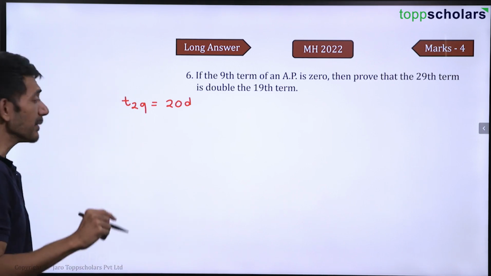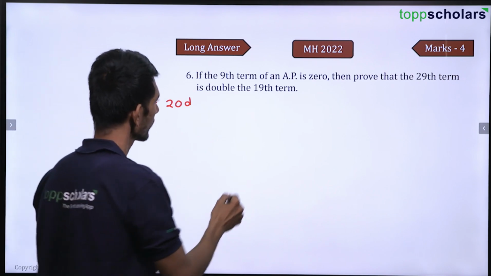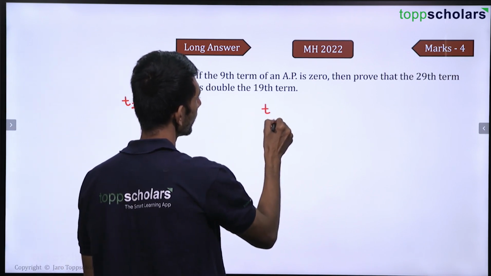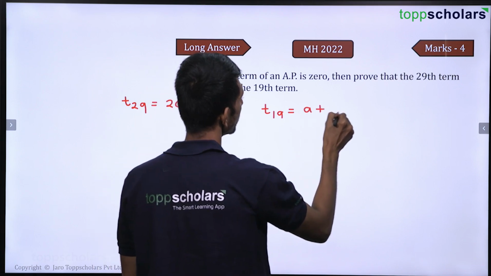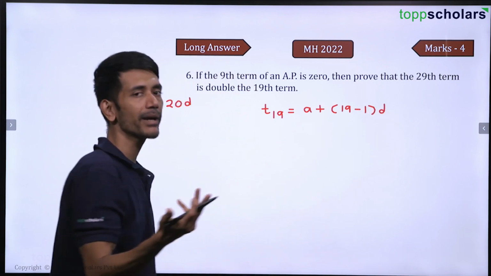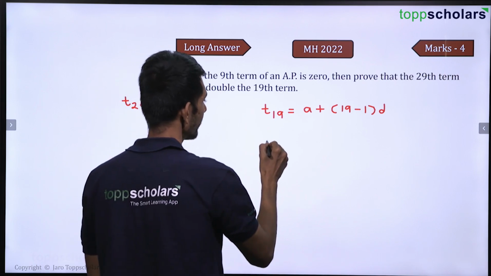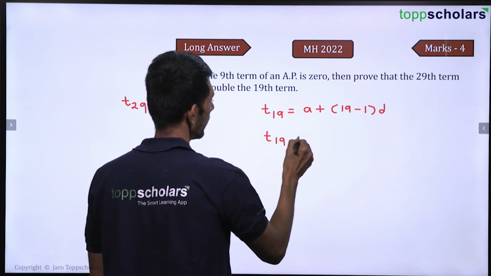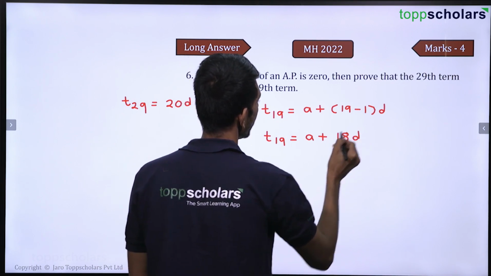Right? Now let me focus on T19. What will be T19? Can I do it directly? T19 will be A plus 19 minus 1 into D, because A plus n minus 1 into D, we are putting n as 19. So can I say T19 is equal to A plus 18D?